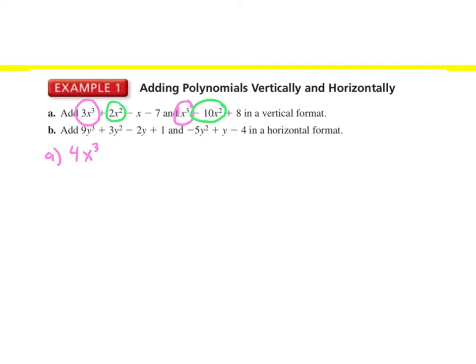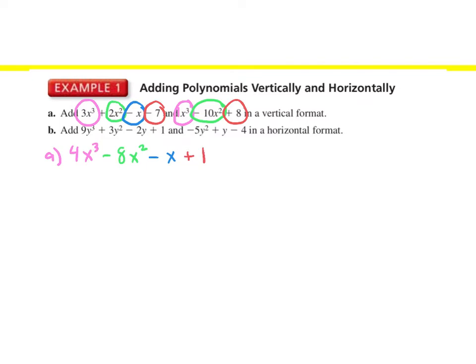So 2 minus 10 would be negative 8x squared. Next we have negative x. We don't have another x in our second, so this would just be minus x. And then lastly we have negative 7 plus 8, so this would be plus 1.